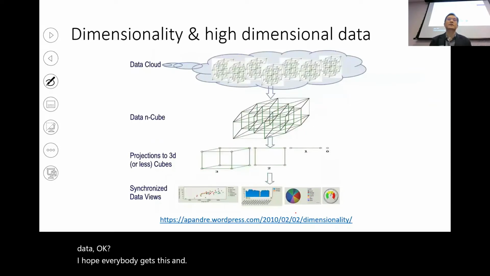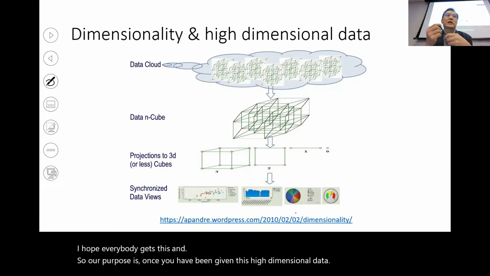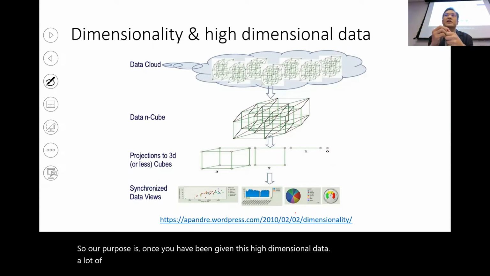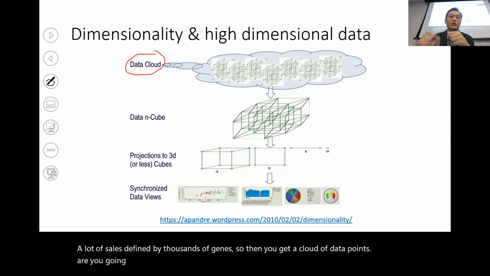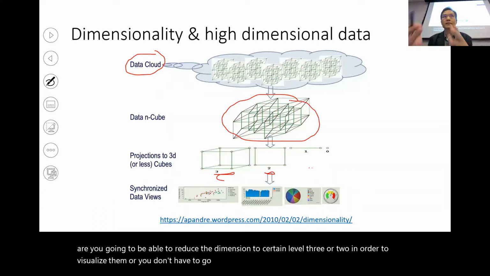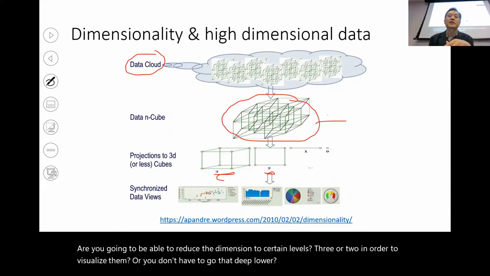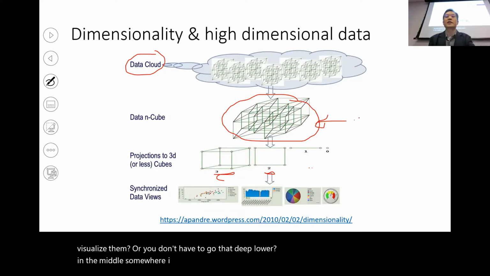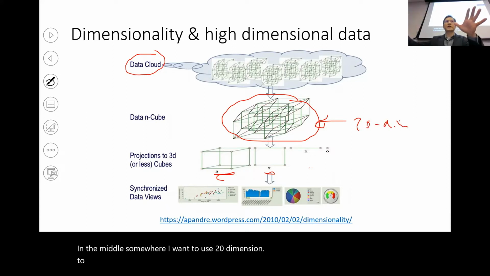So our purpose is, once you have been given this high dimensional data, a lot of cells defined by thousands of genes, so you get a cloud of data points, are you going to be able to reduce the dimension to a certain level, 3 or 2, in order to visualize them? Or you don't have to go that deep; somewhere in the middle, say, I want to use 20 dimensions to summarize my data points.